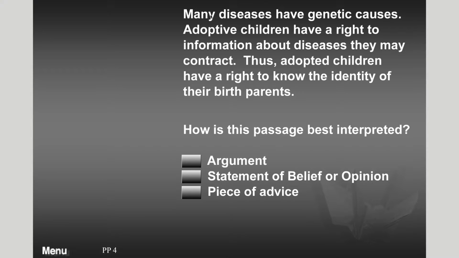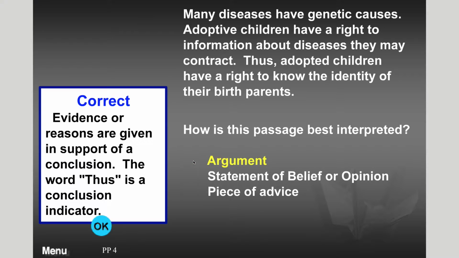And so we see what I think are two premises and then a conclusion. Right? This is an argument that adopted children have a right to know the identity of their birth parents. It's not a statement of belief. You're given reasons for thinking this is the case. Okay? Evidence or reasons are given in support of this conclusion. Thus is a conclusion indicator.